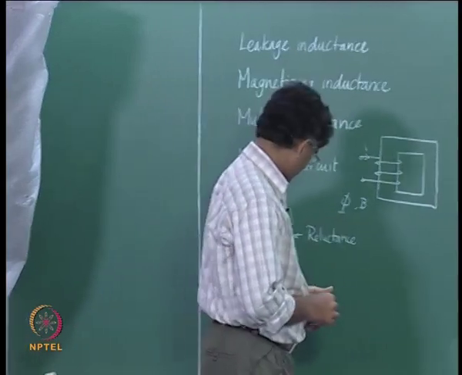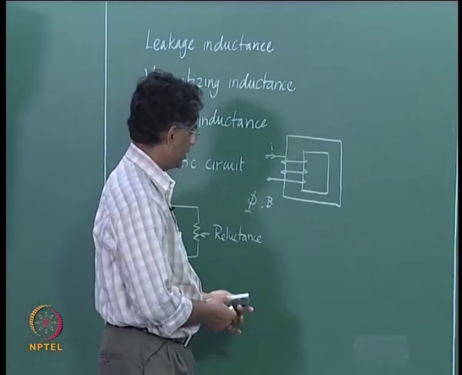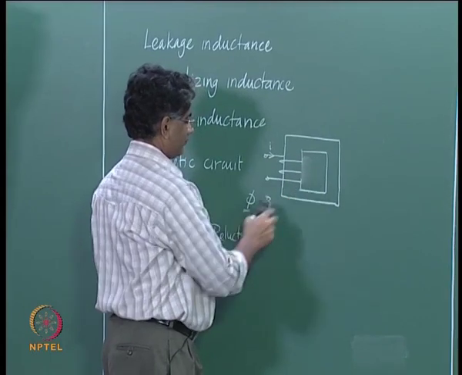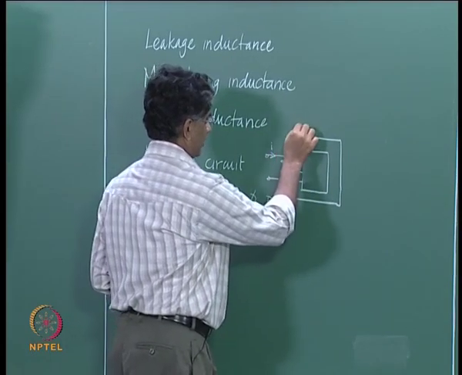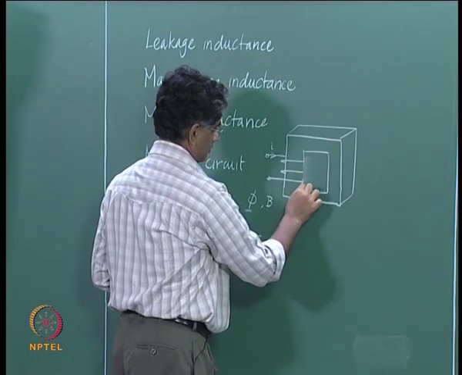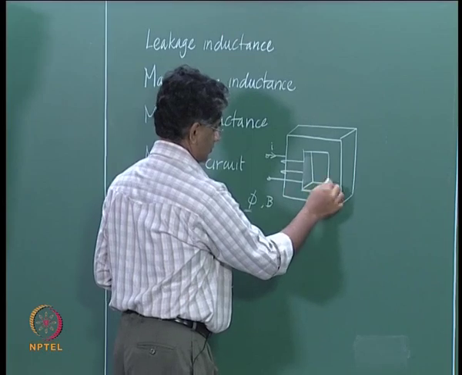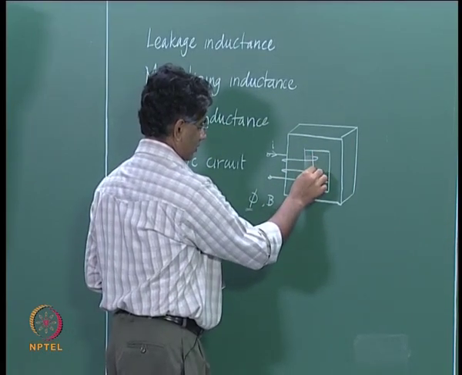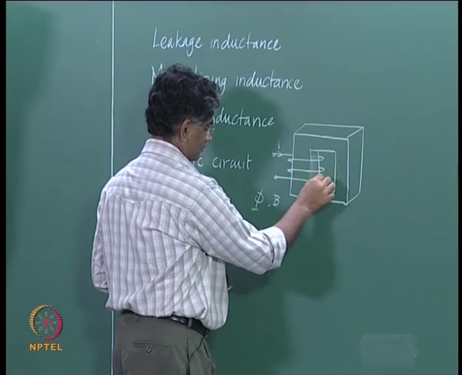So in the numerical example, let us say we have a system like this, a core. Let me draw a 3-dimensional extension of the core. That is your core, and then coils are wound around this.